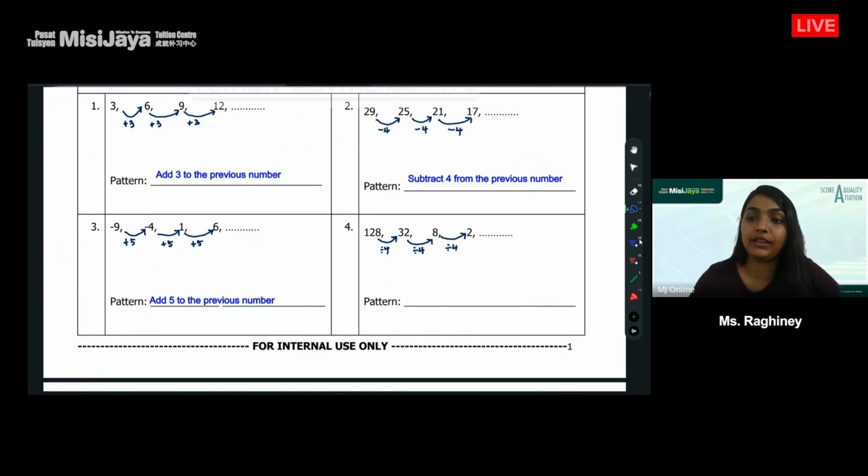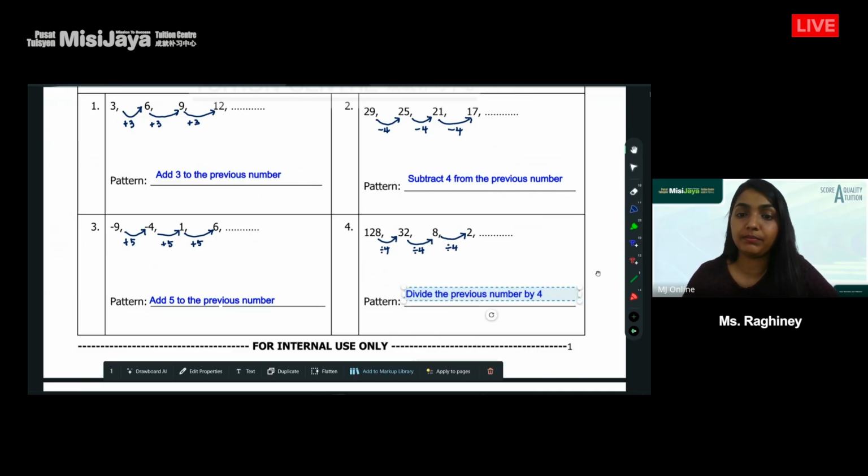So what is our pattern? Divide the previous number by 4. Right? Simple enough. Easy.